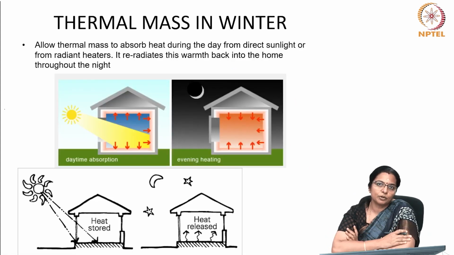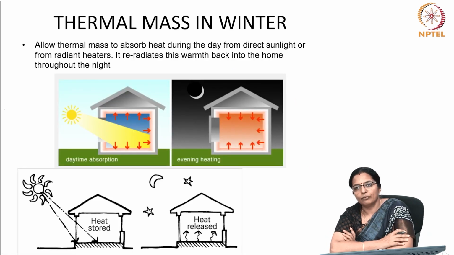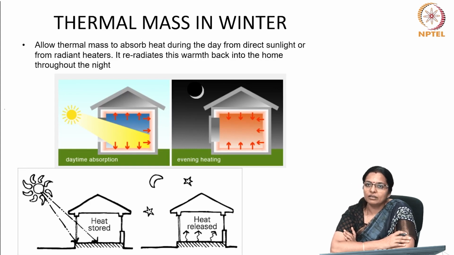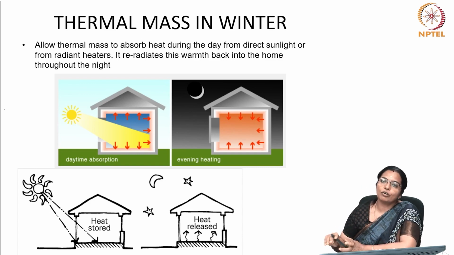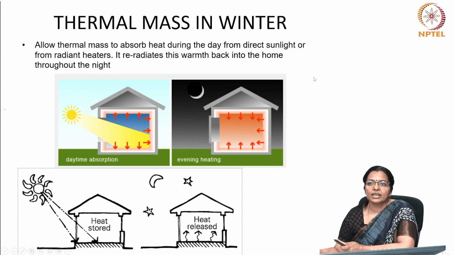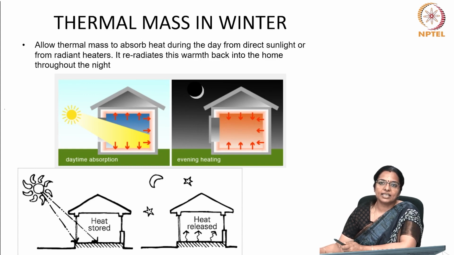What is the concept of thermal mass in winter? Here, you allow the thermal mass to absorb heat during the day from direct sunlight or from a radiant heater. It re-radiates this warmth back into the home throughout the night. By alternately storing and releasing heat, high thermal mass smooths out the extremes in daytime temperature.